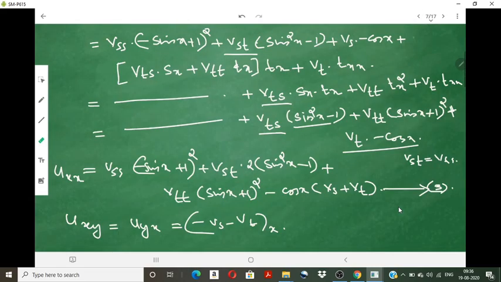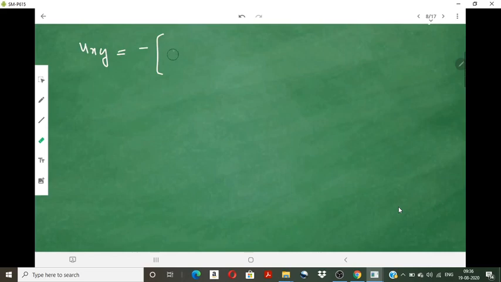So Uxy is equal to minus of the derivative of Vs with respect to x, that is Vss into Sx plus Vst into Tx.